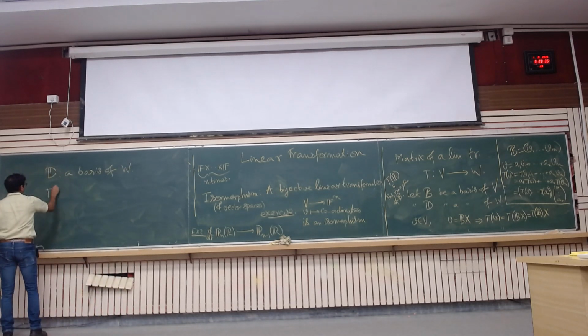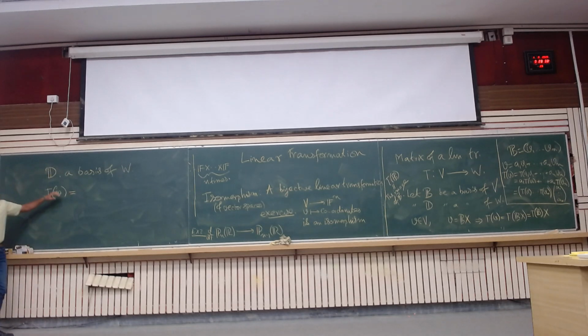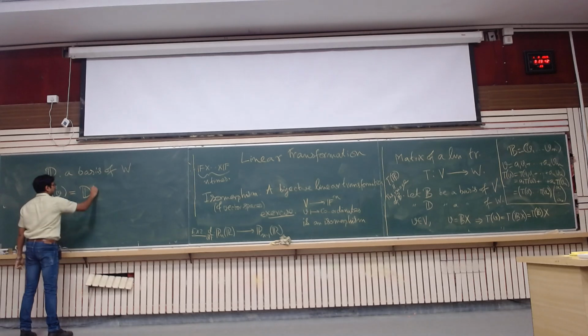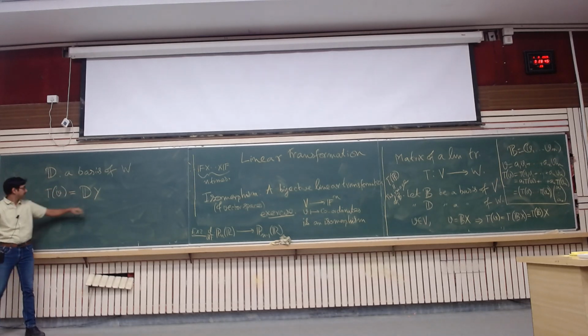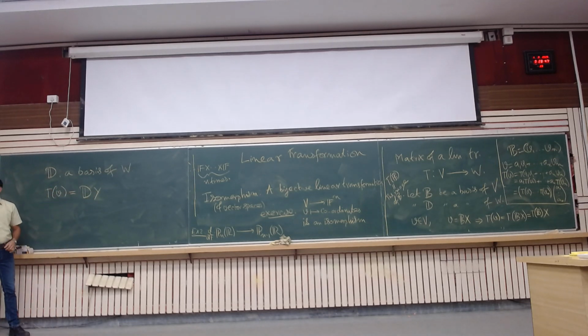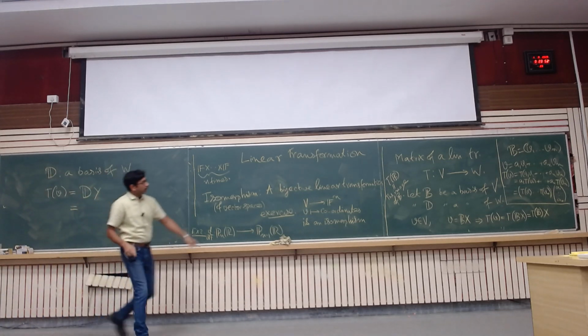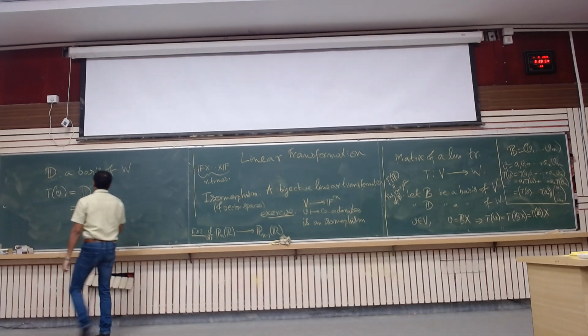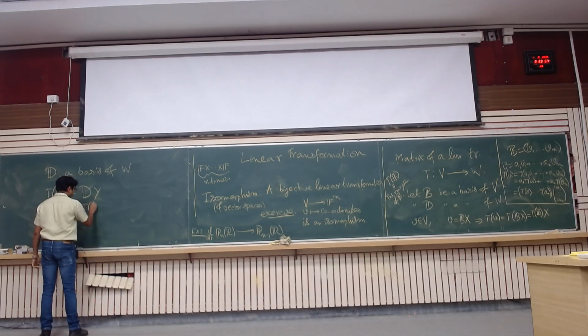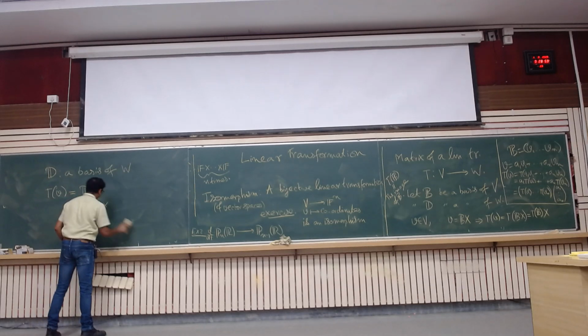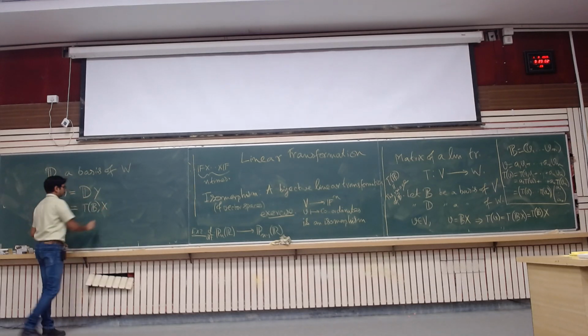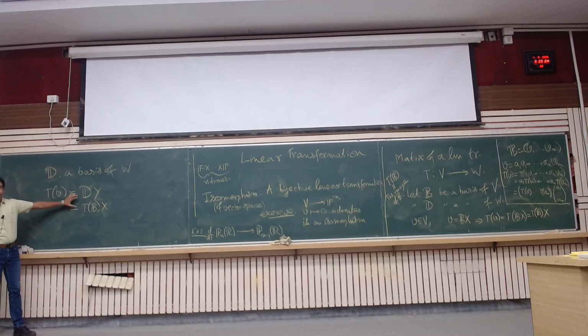So T V you can also express as a linear combination of the elements of D. Suppose this is equal to Dy, where y is the coordinate vector of T V. So what we get now, T V is Dy, and that's also equal to T B x. Okay. Up to this, everybody is with me, or any confusion about any notation or anything?